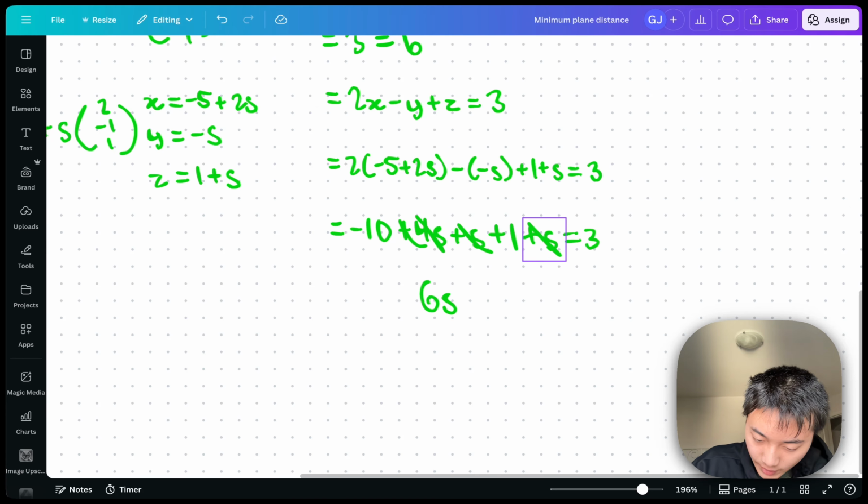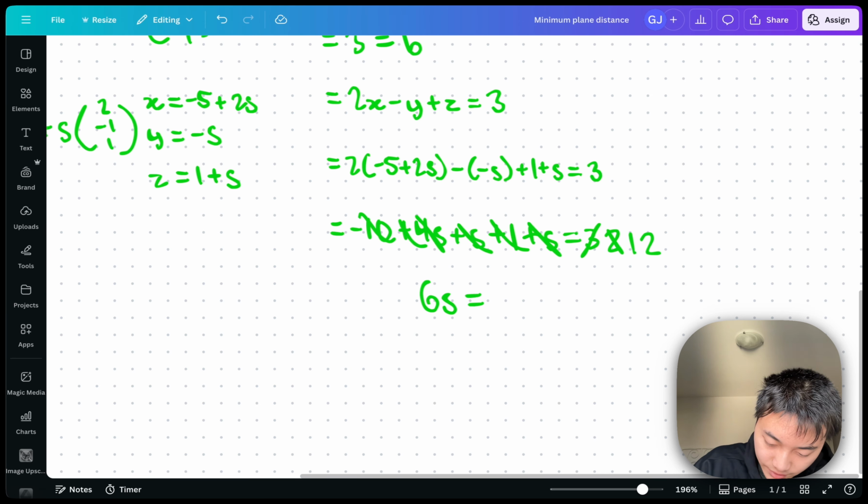Okay. We move -1 over here, so that's a 2, and that's removed. And then this, we add 10 to each side, so that's removed, and that's a 12. Okay, good. So s is 2.